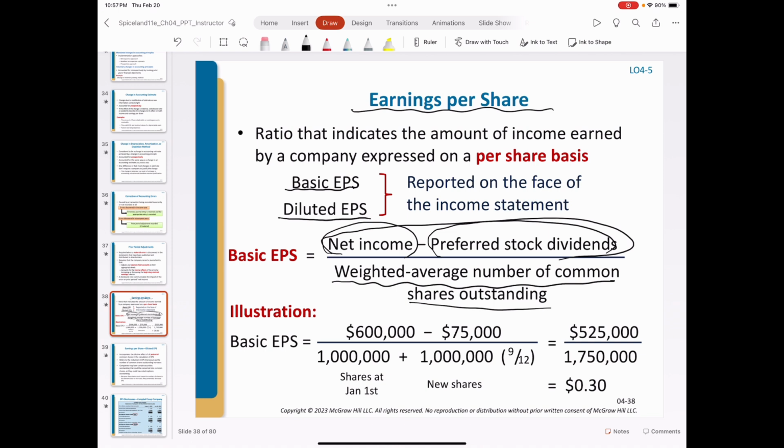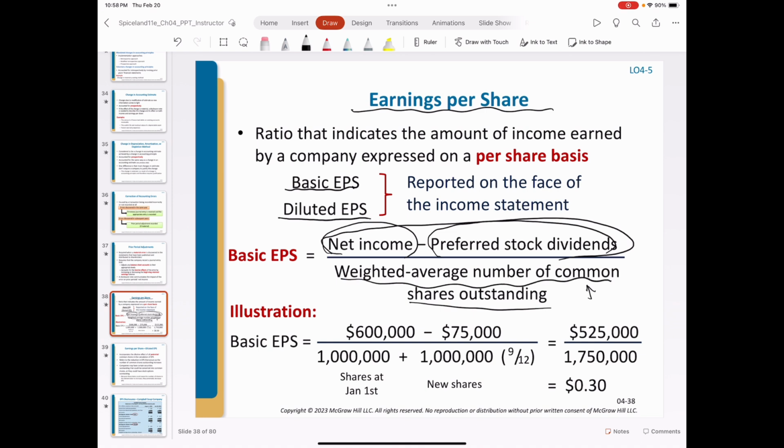So the difference will be the earnings available to common equity holders. While the denominator is the weighted average number of common stock outstanding. The reason we use weighted average is because the number of shares may change during this year.